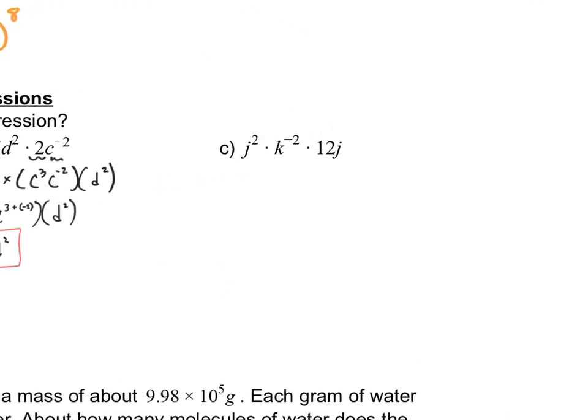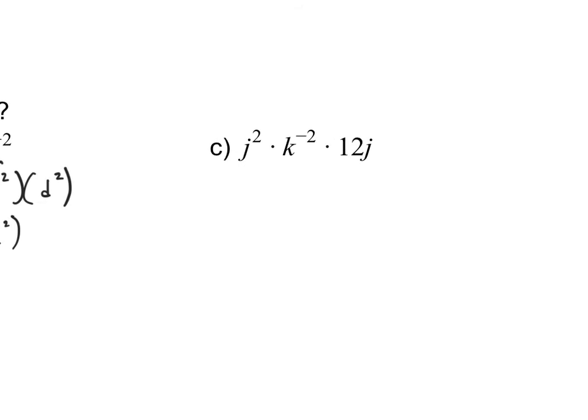Let's keep on moving. Okay, it looks like we do have some like variables, some like bases that we can combine. I have nothing to multiply 12 to except for 1, so I don't need to do anything special there. And then I have j to the 2nd, I'm sorry, I got to be careful with my j's.